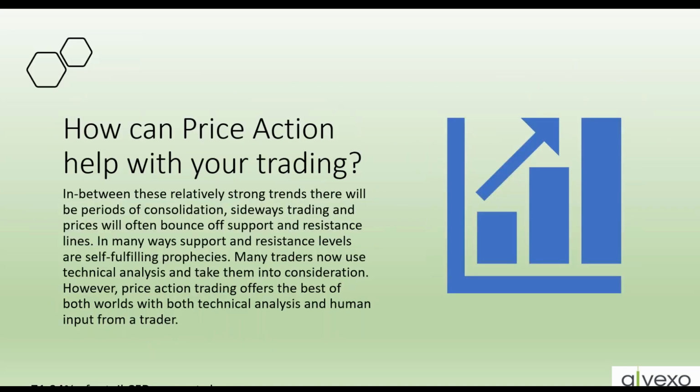In between these relatively strong trends, there will be periods of consolidation, sideways trading, and price will often bounce off of support and resistance lines. In many ways, support and resistance levels are self-fulfilling prophecies. Many traders now use technical analysis and take them into consideration. However, price action traders often offer the best of both worlds of using technical analysis and human input from the trader.